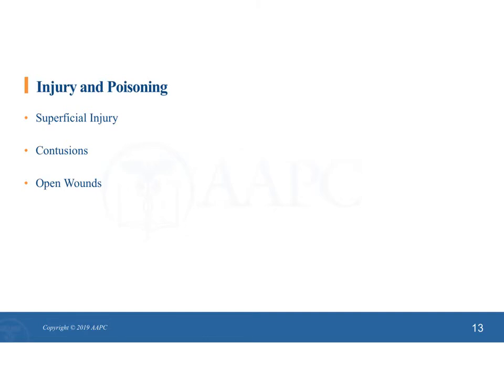In most cases, there are 3 main 7th character values with the exception of fractures. In this section, A is initial encounter, D is subsequent encounter, and S is for sequela. To assign a code for laceration of the leg, documentation must provide enough information for proper 7th character selection.